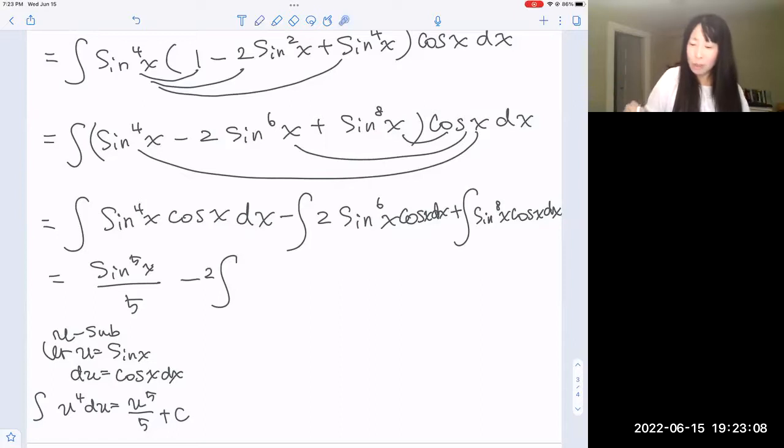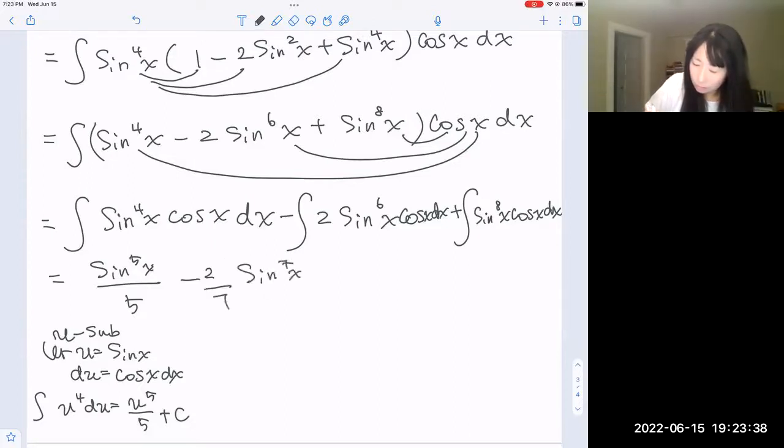Look, now we know that we are just dealing with the power, right? What do you get for the antiderivative of this, the integral of this one? 7, good. What about this one?